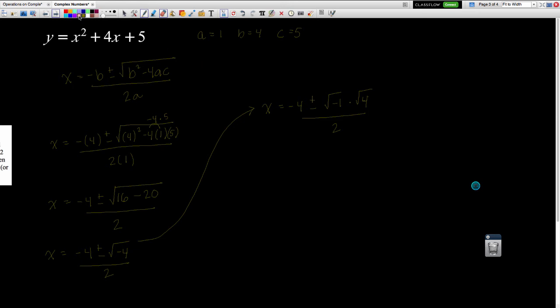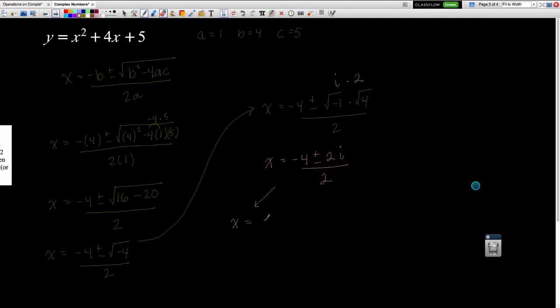We know that the square root of negative 1 is i, and the square root of 4 is 2, so we have x equals negative 4 plus or minus 2i divided by 2. You may see it like this, or you may see it broken down even further.